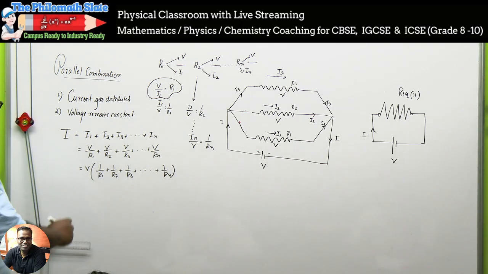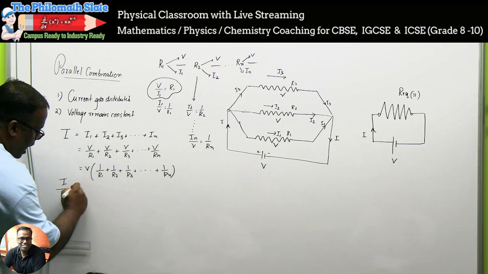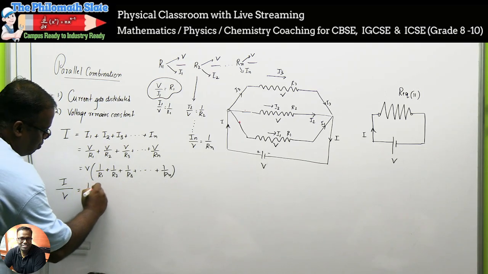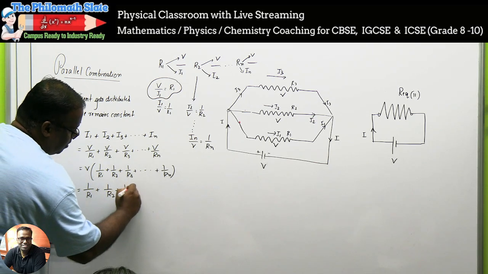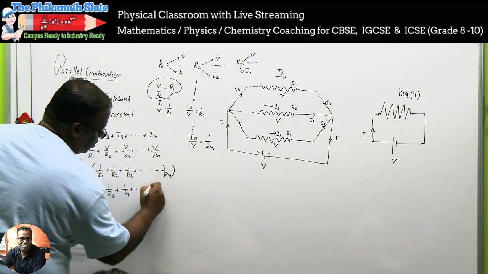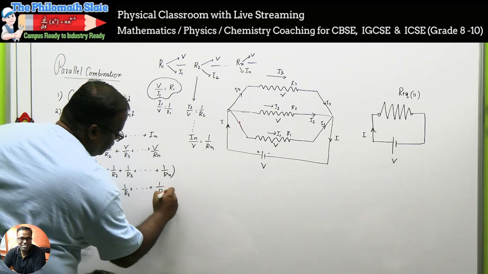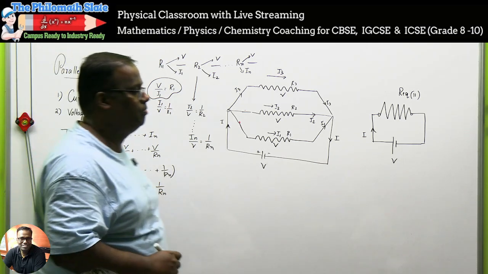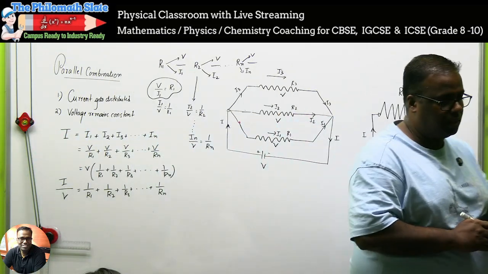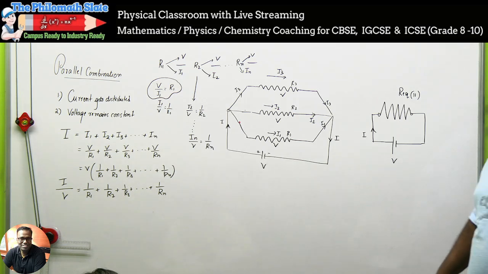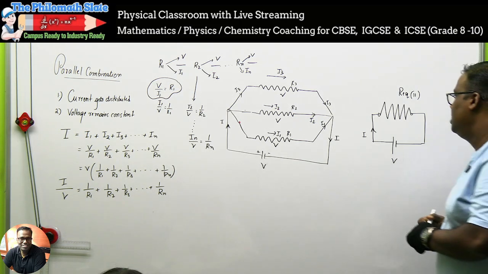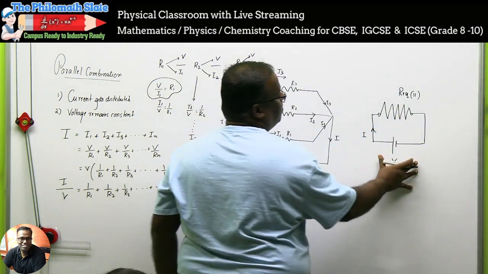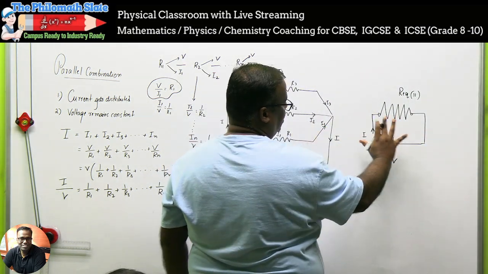Now bring the V this side. So this becomes: I upon V is equal to 1 by R1 plus 1 by R2 plus 1 by R3 plus ... 1 by Rn. Are we fine till here? Is it okay? Now look in this circuit, which is the equivalent circuit of this.